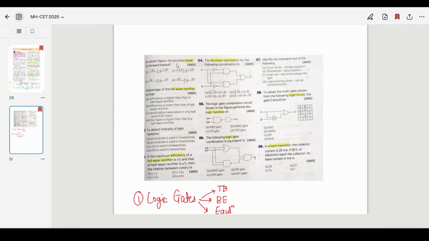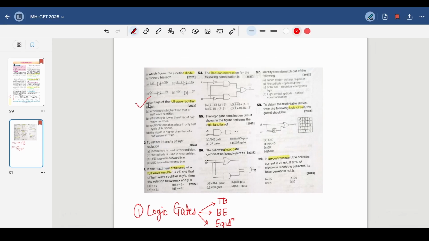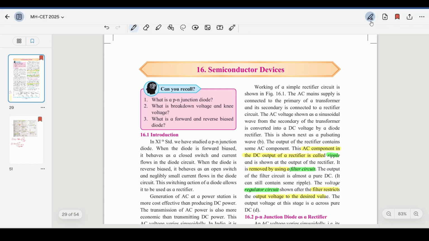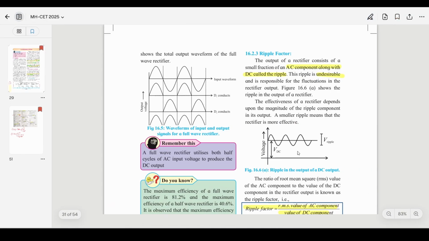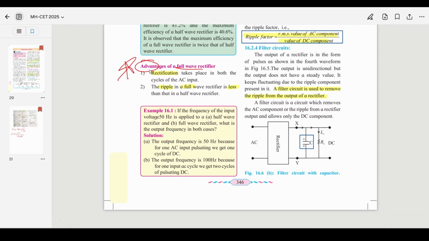Let me show you that question. Advantage of full wave rectifier, asked in 2023. We just read about that over here. So can you see, this is a direct question that has been asked from your 12th textbook.